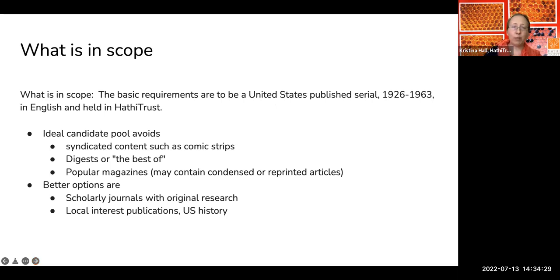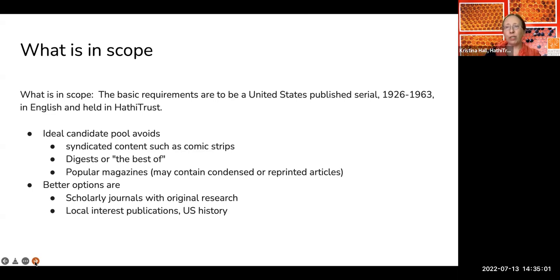The basic requirements for a serial to be in scope for our copyright review is it had to be a US published serial, because we are only talking about US copyright, US renewals here. It had to be between 1927 and 1963, although we could have gone to 88. That would be, as John mentioned, that the formalities changed over certain periods of time.